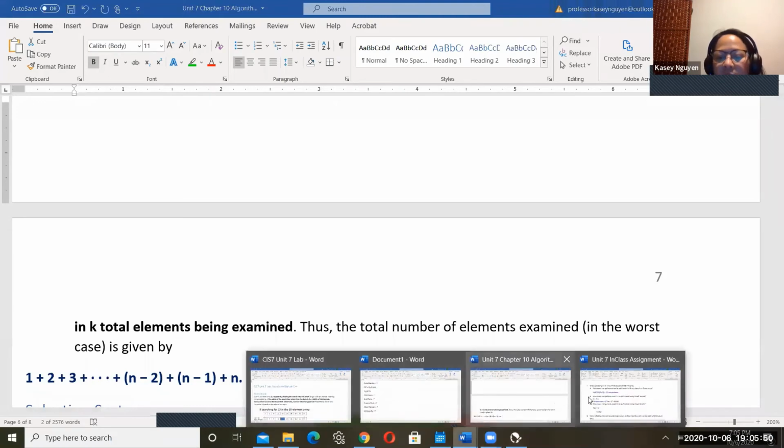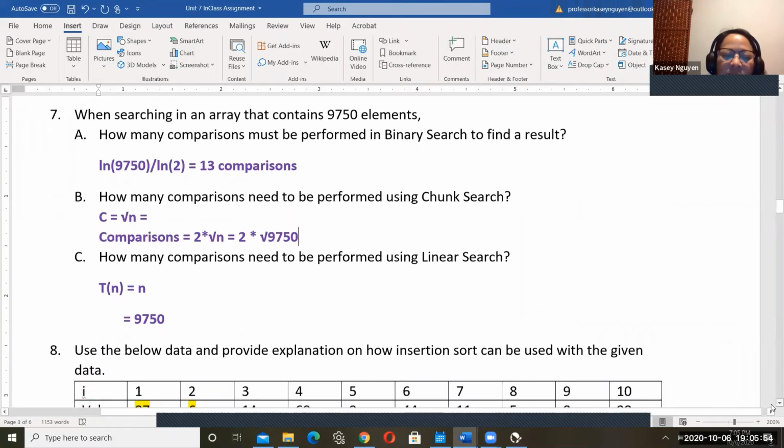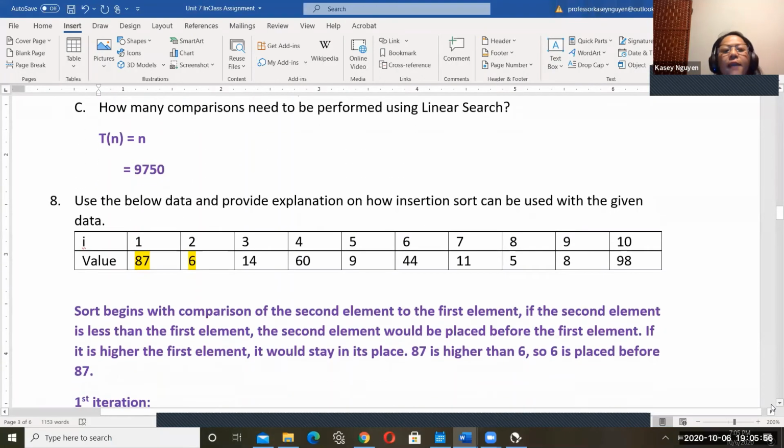Okay, so for the next one, let's do the insertion sort. For question 8, it says use the below data and provide an explanation on how the insertion sort can be used with the given data.